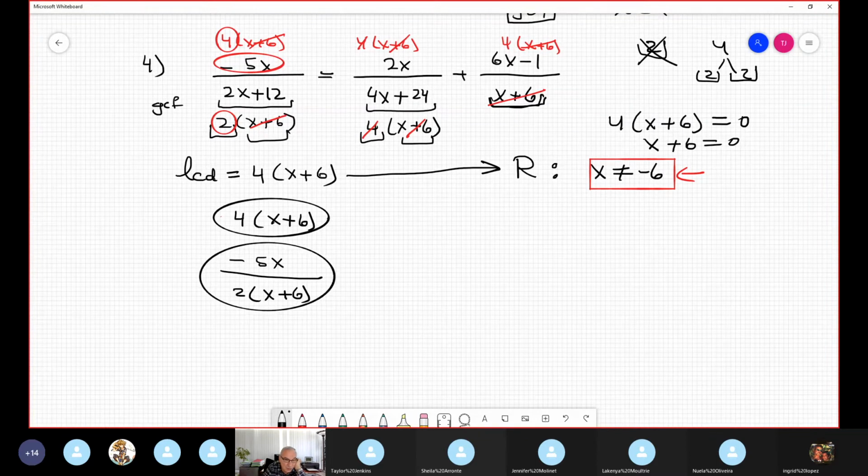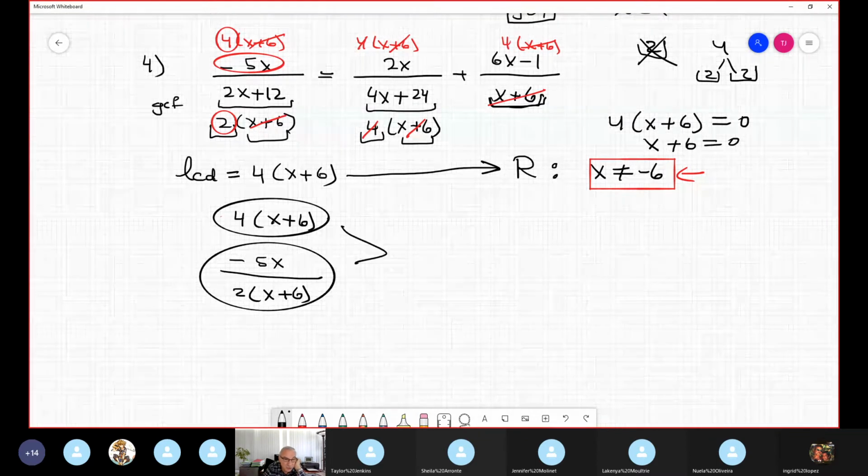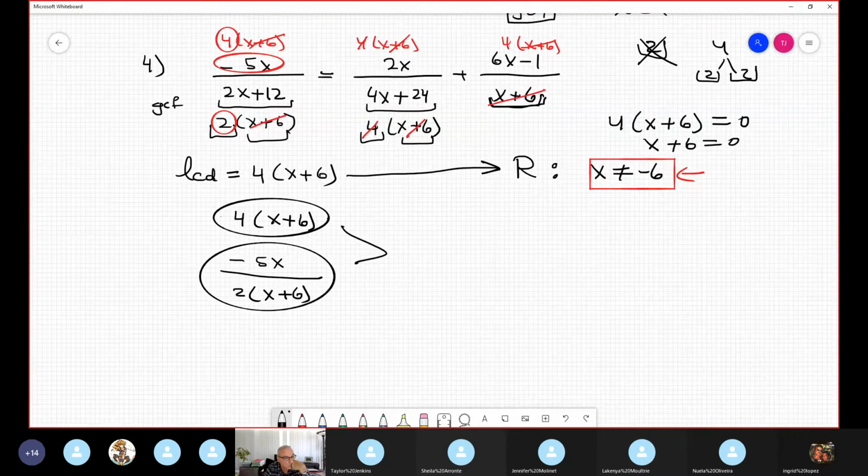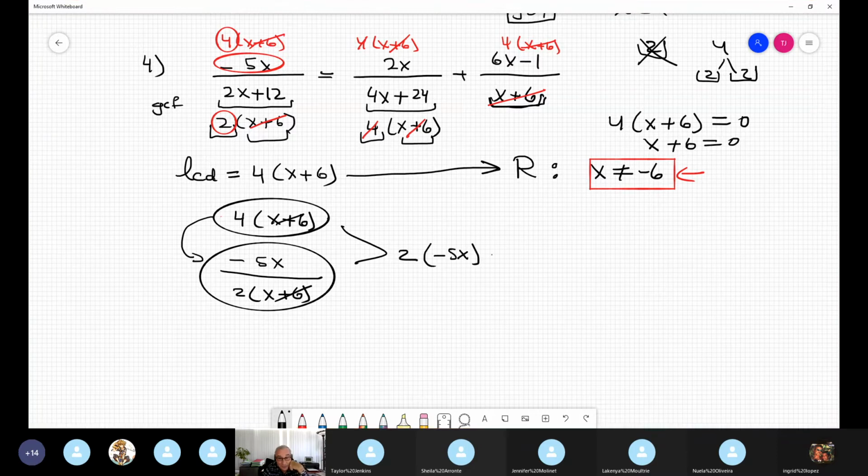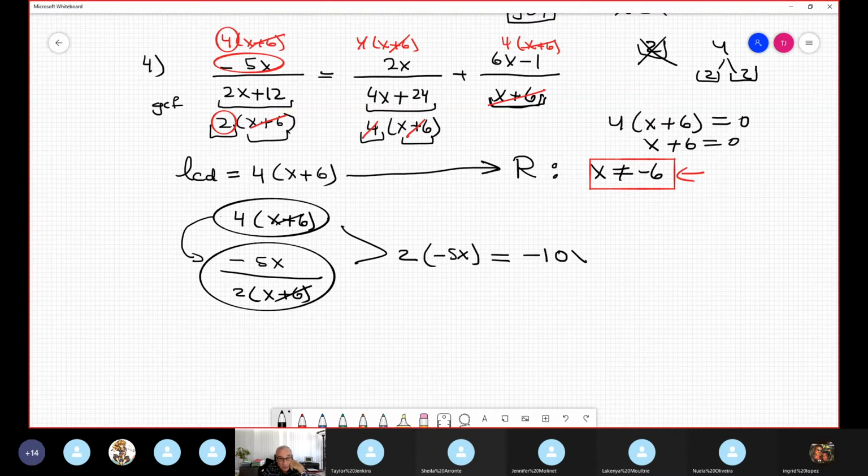So I can see, using my eyes, that 4, I put here on the top, no? 4 divided by 2 is 2. Do you see where I come from? And this x is cancelled. And it stays 2 times -5x, that is negative 10. Oh, I forgot that. It's negative 10. So the multiplication of the first one is negative 10x.